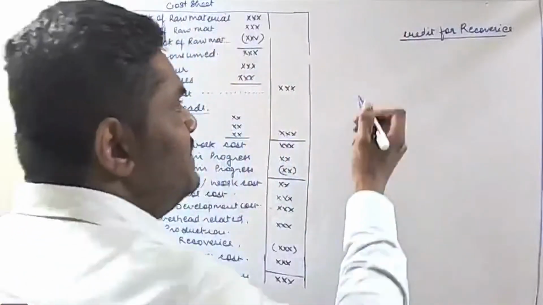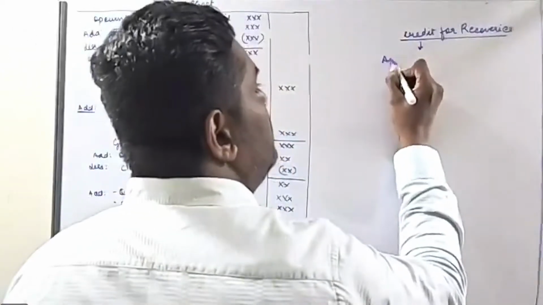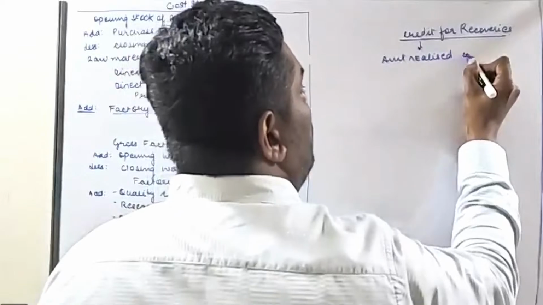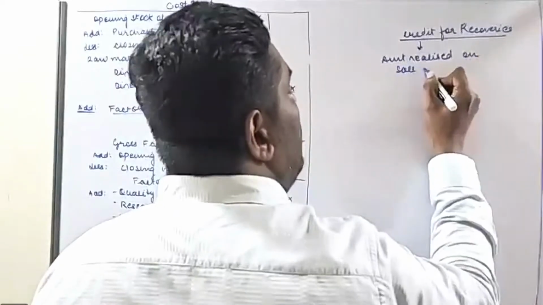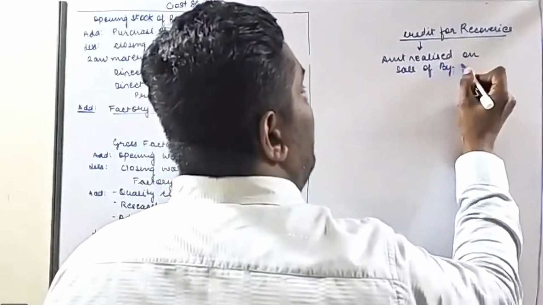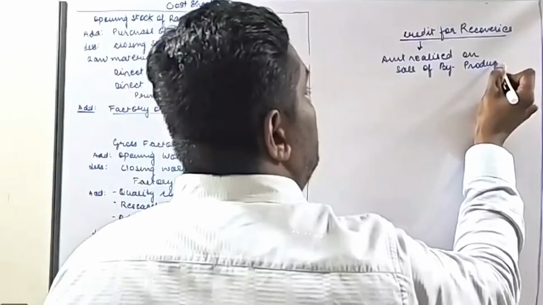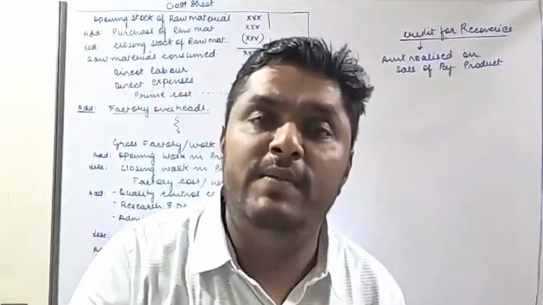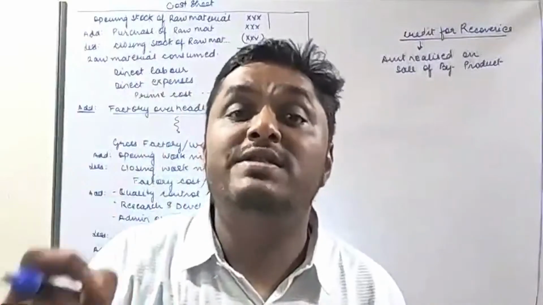So in simple words, we can say credit for recovery is the amount realized on sale of byproduct.